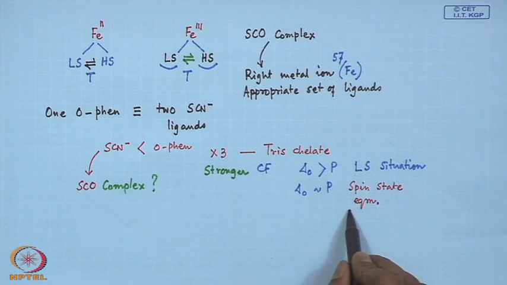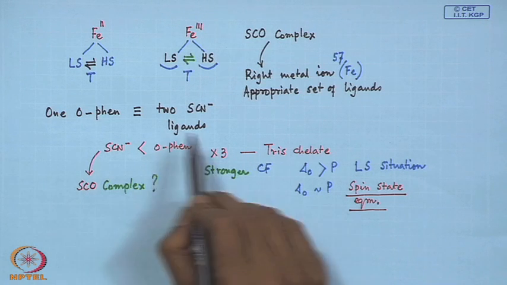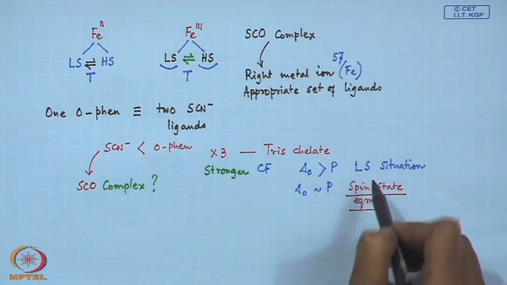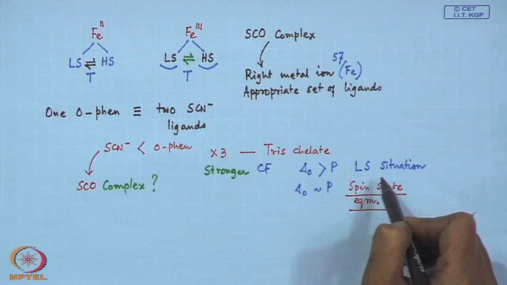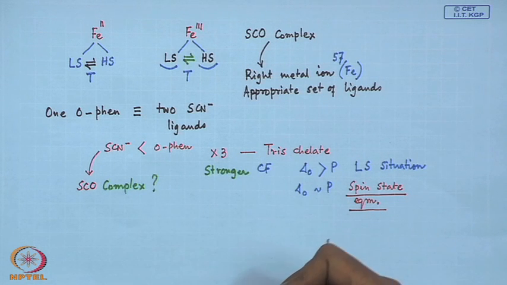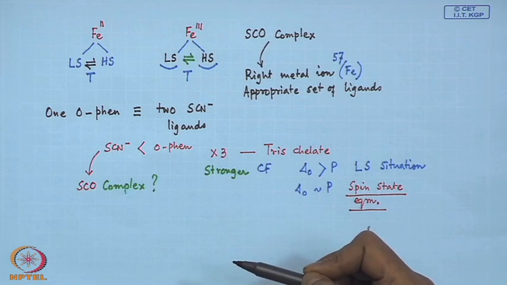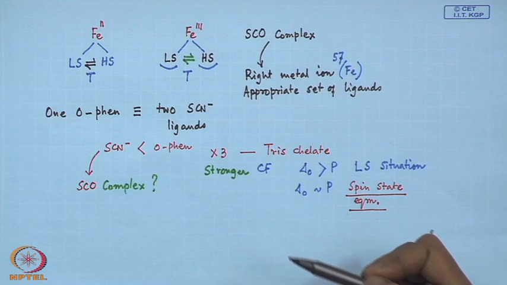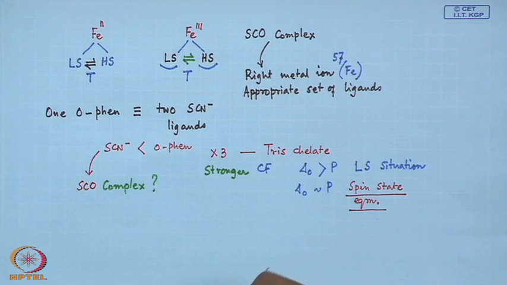Once we know that only low spin compounds are forming, we can go on reducing the crystal field strength such that at one point we should have a high spin compound.